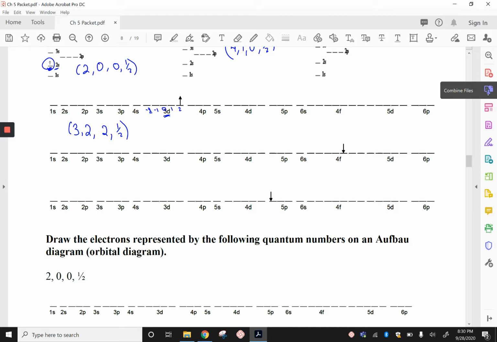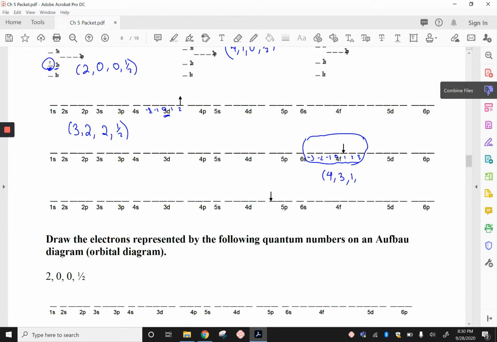Next one. Let's see, 1, 2, 3, 4, 5, 6. And there's my 4f. I'm just going to circle it because it's kind of hard to see. So 4th energy level, so 4. F sublevel, so that's a 3. Orbital, you take the middle one, that's 0, then 1, 2, 3, -1, -2, -3.